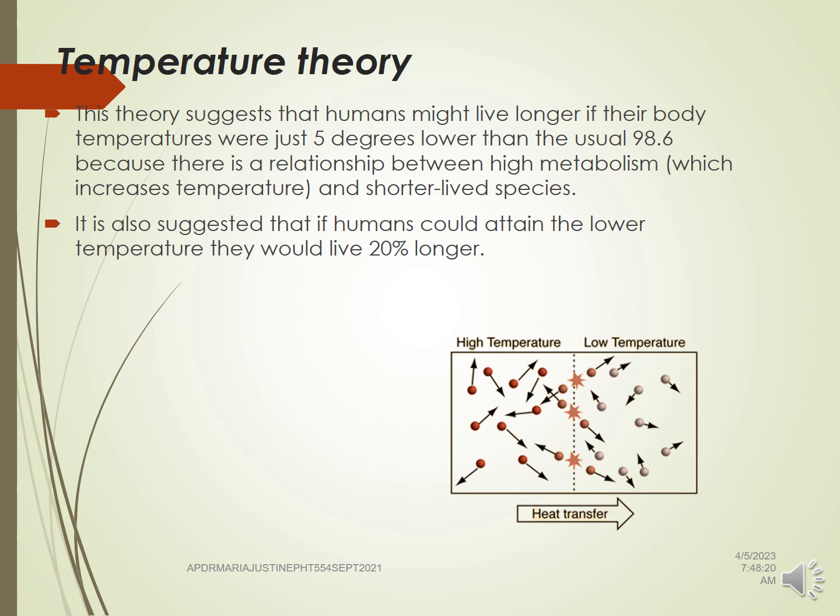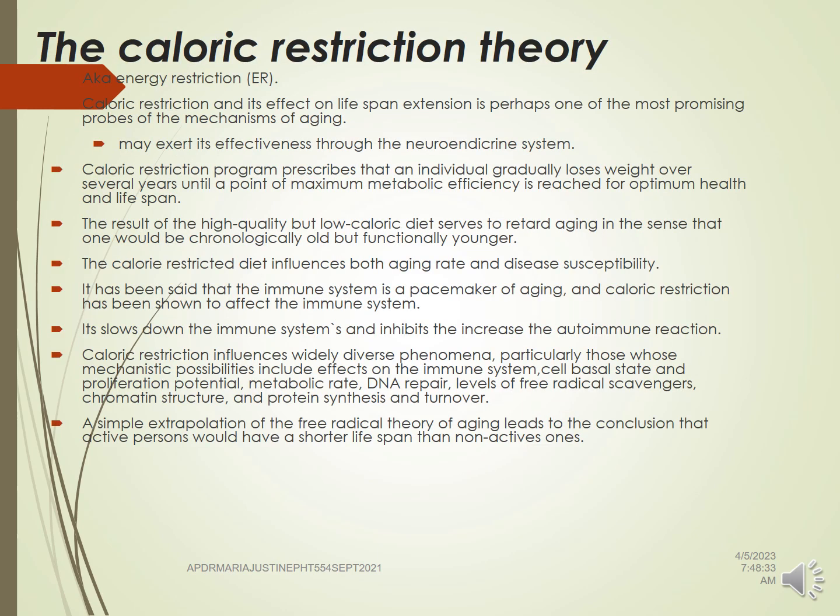Temperature theory suggests that humans might live longer if their body temperature were just 5 degrees lower than the usual one. Otherwise, if your body temperature is high all the time, it means that your cells will have to work harder.